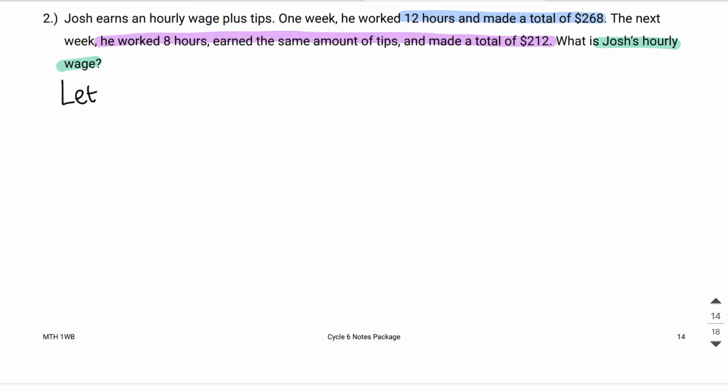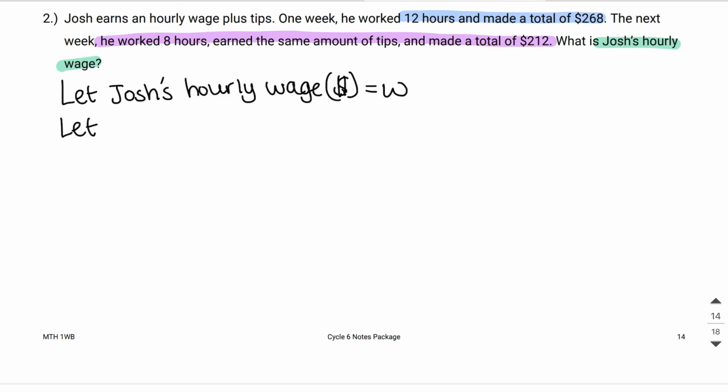So we're going to say let Josh's hourly wage in dollars equal, I'll say W for wage, and let Josh's tips in dollars equal T.